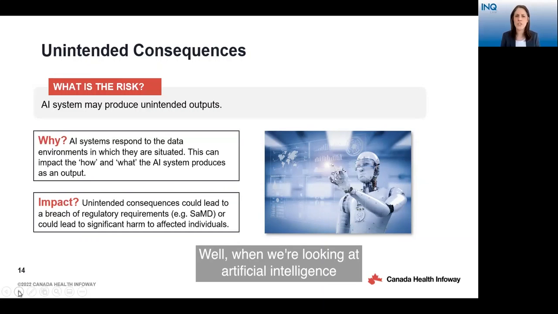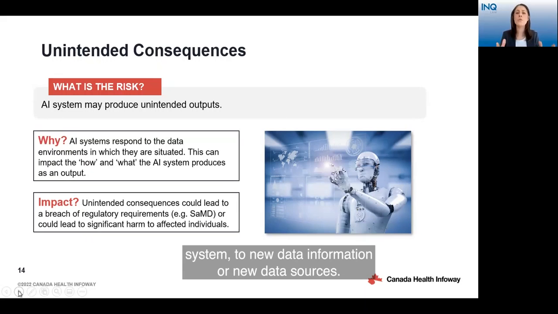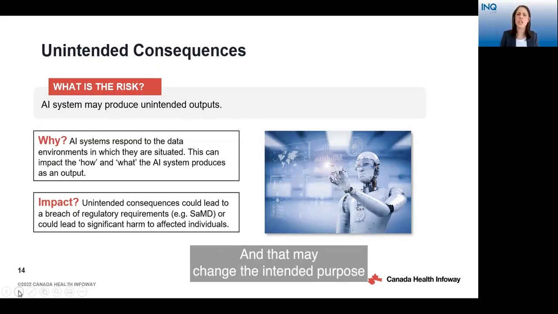Well, when we're looking at artificial intelligence systems, go back to that module 1 when we were defining it. It's a computer system that is intended to be learning from the data environment in which it's situated. And in so doing, it does change over time, or has the potential to change over time, depending on if it's an open system, to new data information, or new data sources. And that may change the intended purpose of the system, or it may be used in a manner that changes the intended purpose of the system, or through interactions with various stakeholders or users of that system, the purpose may ultimately be impacted and may change.